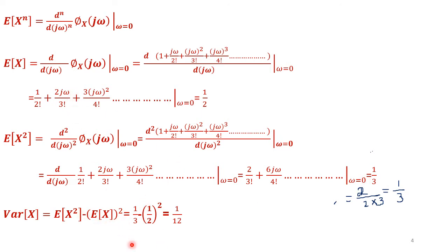So 1 by 3 minus 1 by 2 whole squared gives 1 by 3 minus 1 by 4, which is 4 minus 3 over 12, that is 1 by 12. This is equal to the standard deviation squared. Therefore, the standard deviation is equal to the root of 1 by 12.